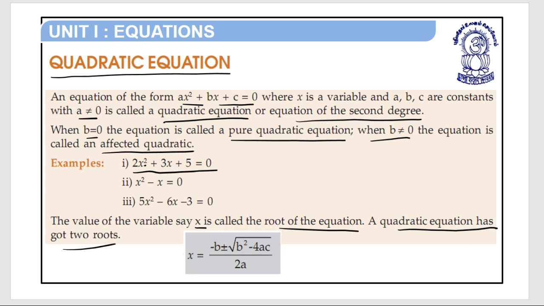x is equal to minus b plus or minus under root b square minus 4ac upon 2a. One root is minus b plus under root b square minus 4ac upon 2a, and the second one is minus b minus under root b square minus 4ac upon 2a.